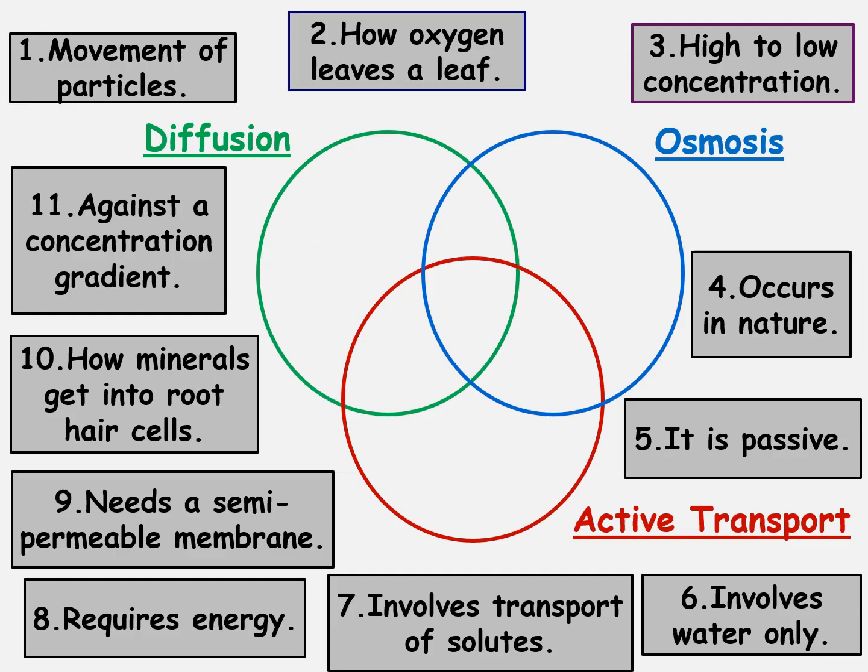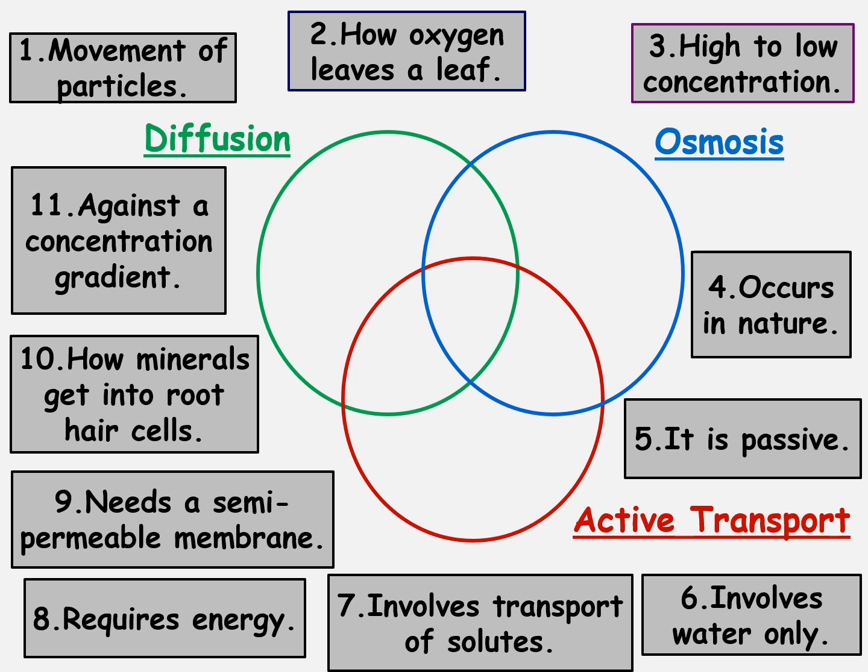So, some of you may have already printed out this Venn diagram. If you haven't, you can just simply draw it into your book now, or print it out after you've watched the video. Okay.